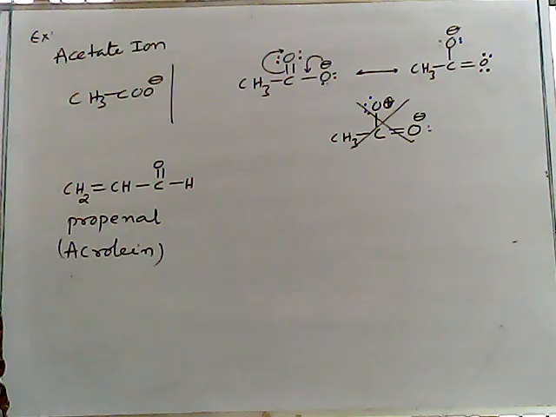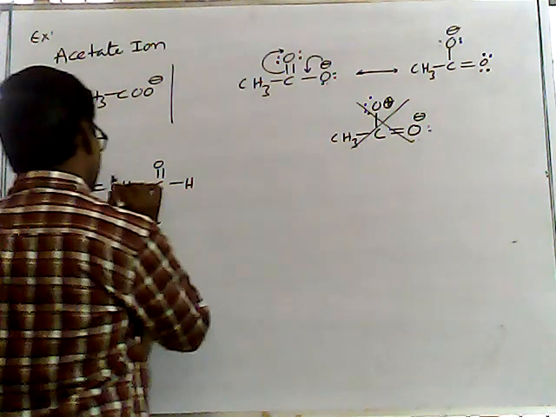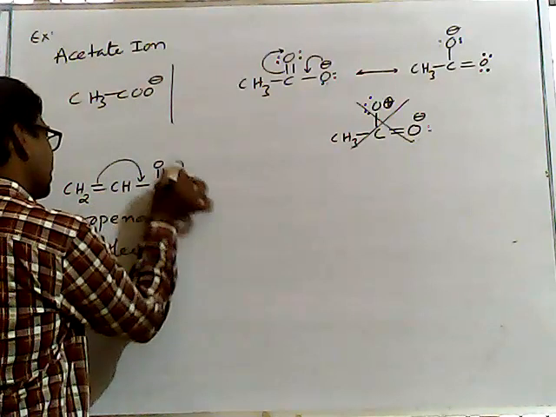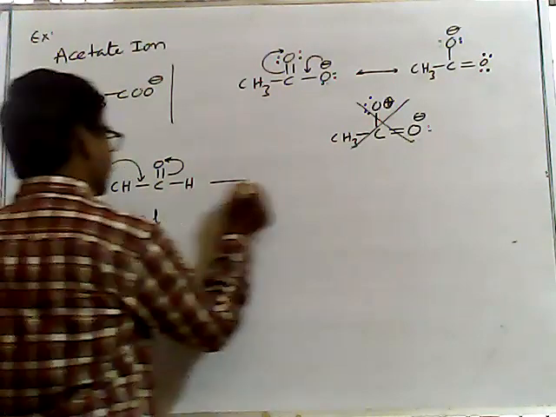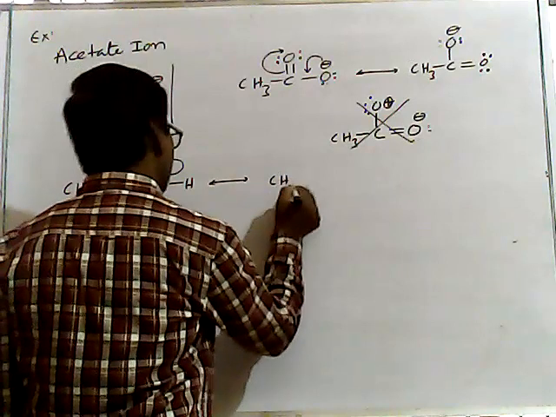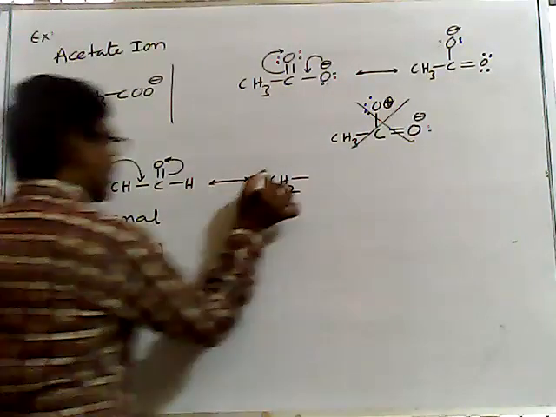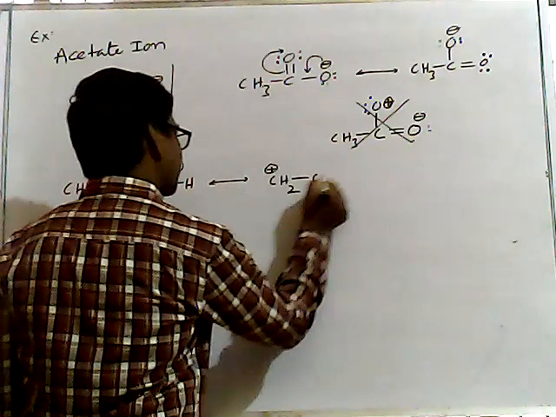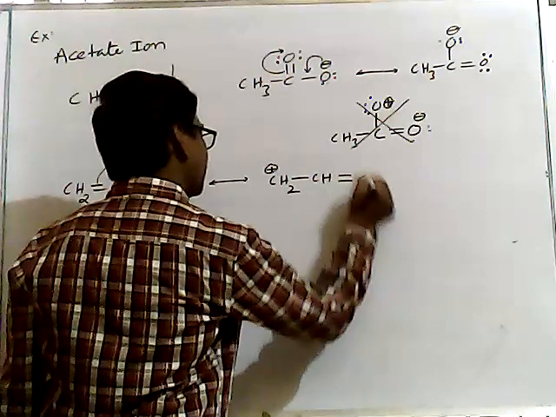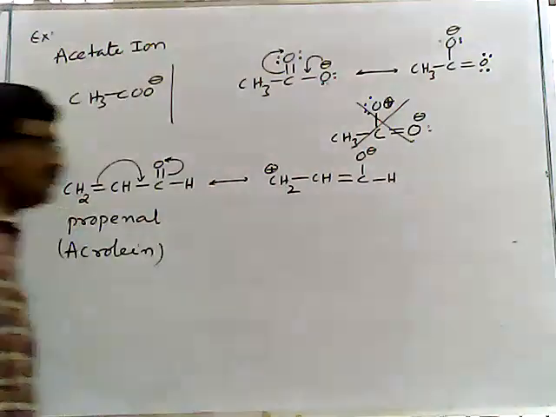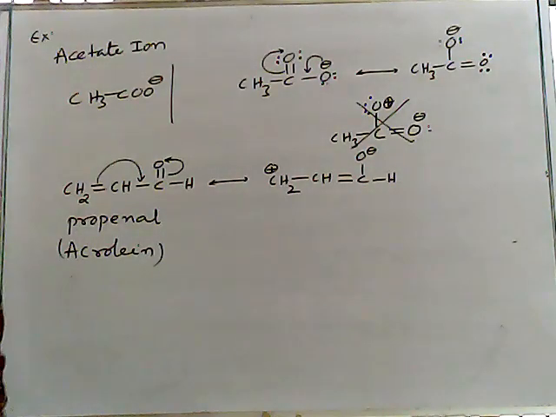For this we can write different resonance structures. See, whenever this bond shifts, the electrons shift to oxygen. So here we can write CH2 single bond, this electron pair shifted from here to here so that this carbon gets a positive charge. Then here CH, then double bond, here O minus, then here hydrogen. This is one form.